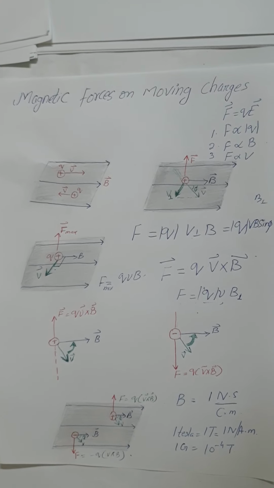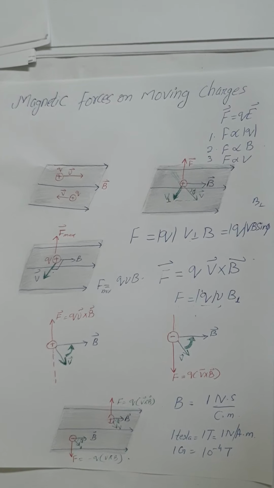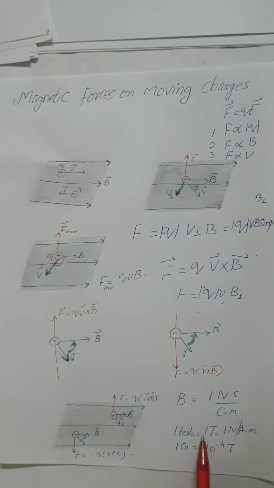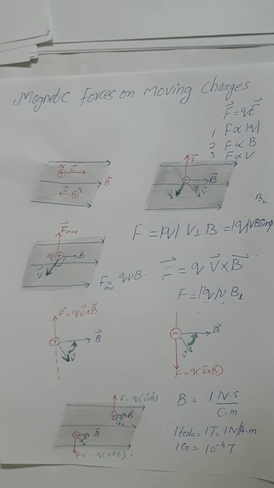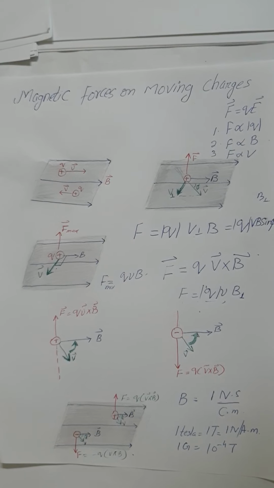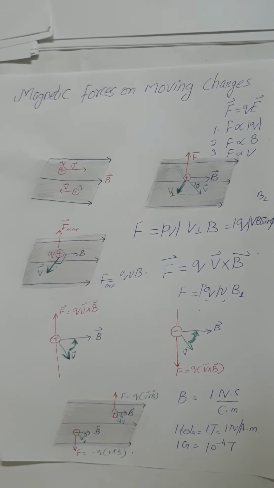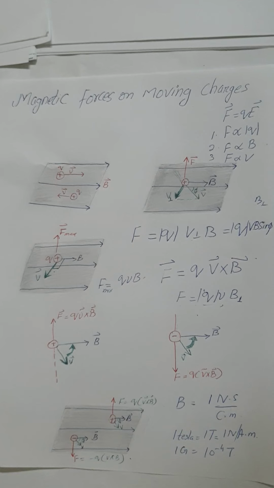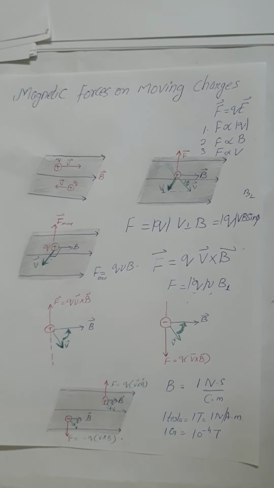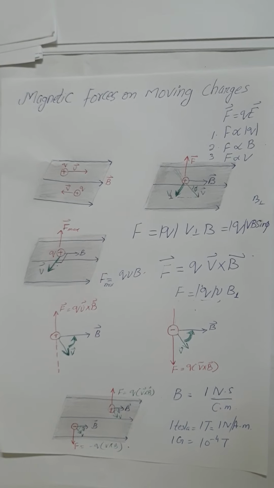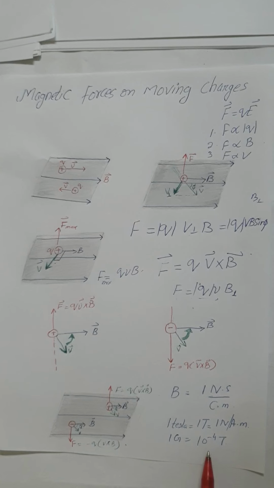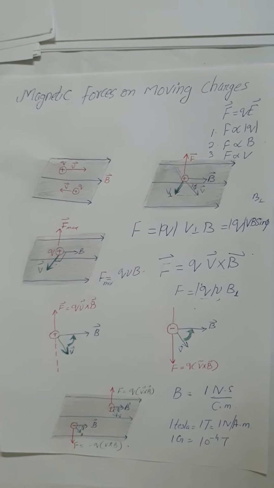The largest steady magnetic field that we are able to produce in the laboratory is around 45 Tesla. Some pulsed current electromagnets can produce fields of the order of 120 Tesla for short time intervals of the order of a millisecond. And it's believed that the magnetic field at the surface of a neutron star is of the order of 10 raised to power 8 Tesla.